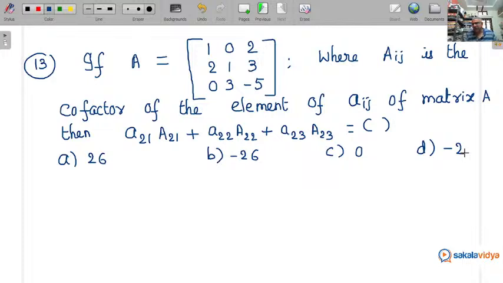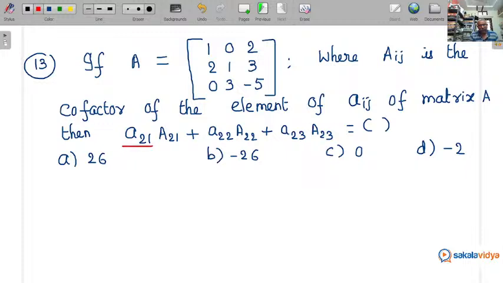Okay, try to find out this one. That means the second row: the sum of the products of the elements of the second row with their cofactors is what we need to find out. That is the question here.